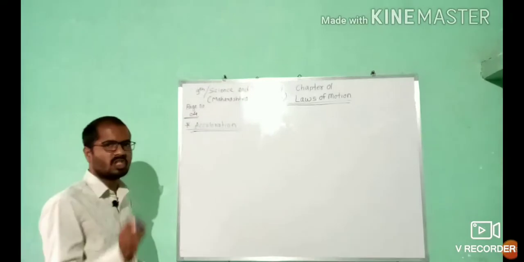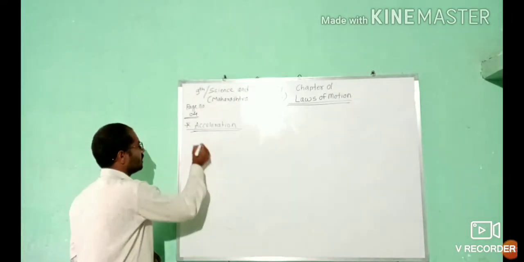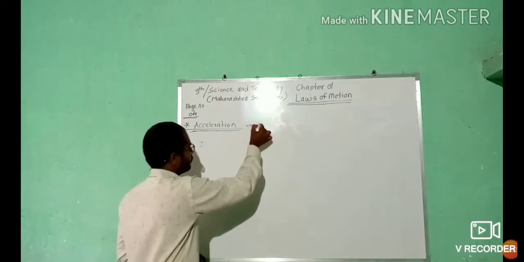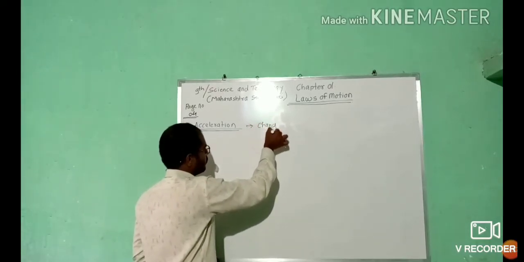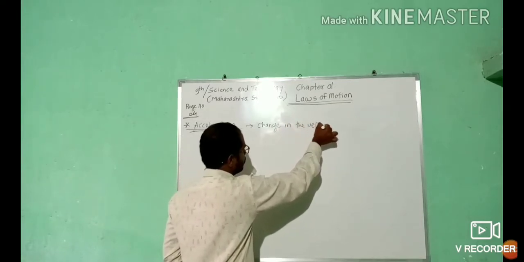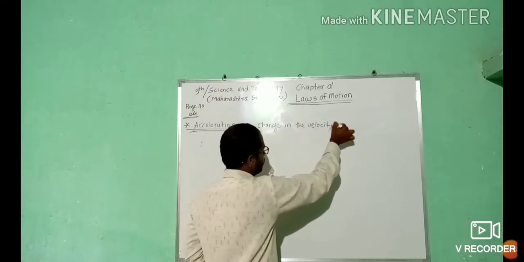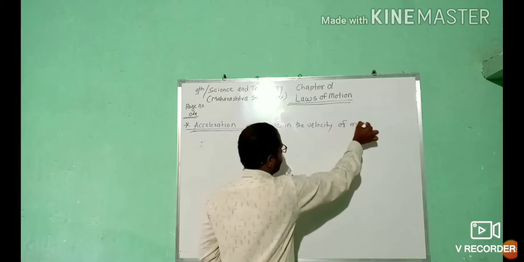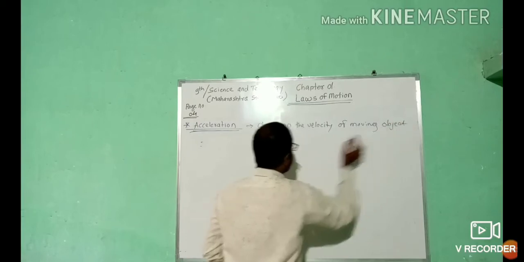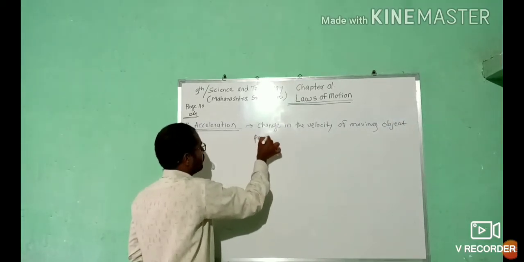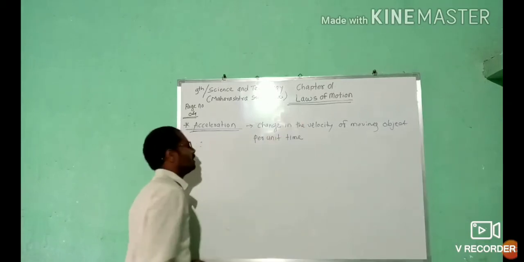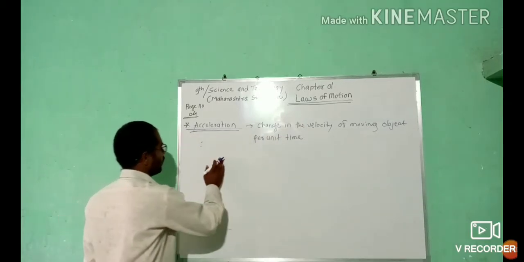So acceleration is nothing but the change in velocity per unit time. Acceleration is called the change in the velocity of the moving object per unit time, which means divided by time.